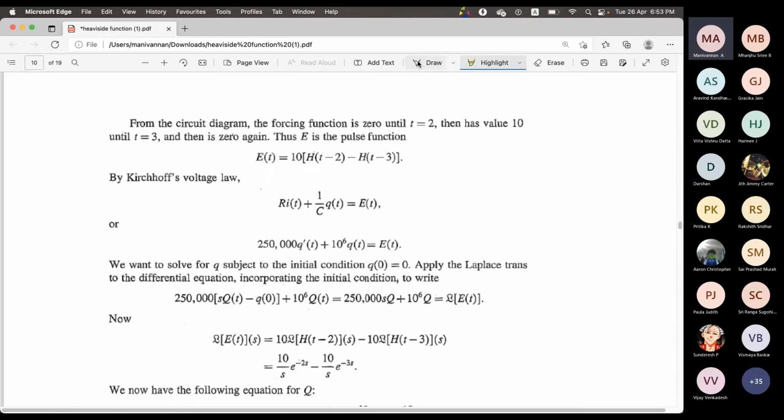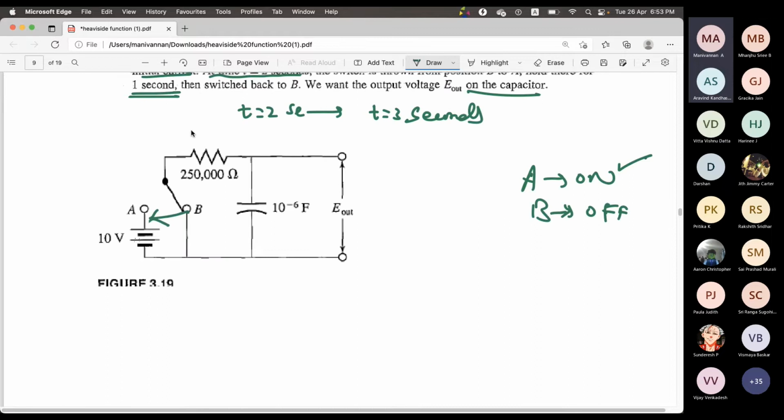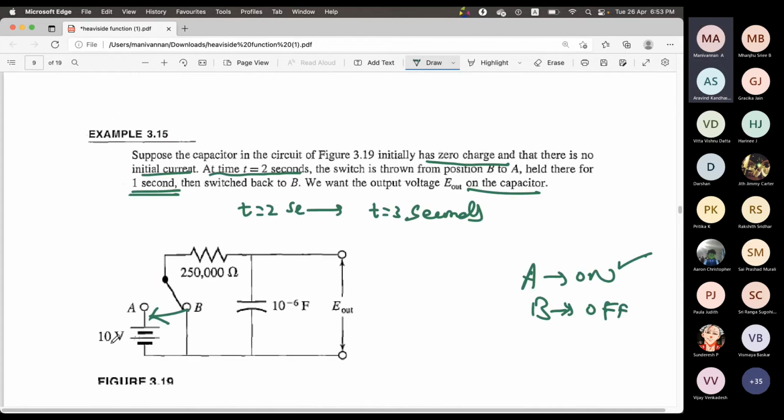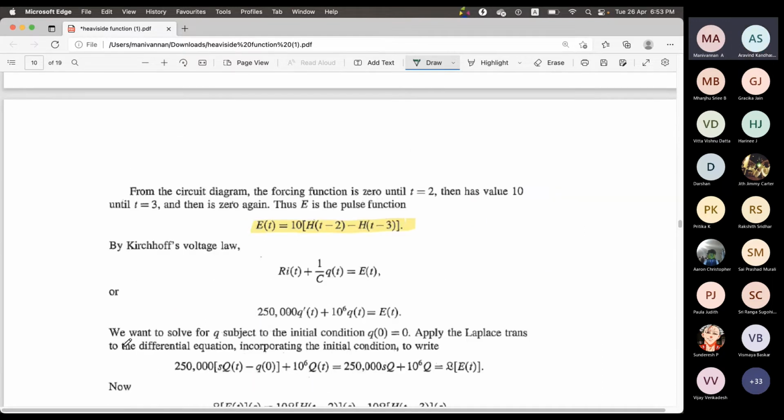So here we are going to use the unit step functions. At how many units are we having? 10 voltage, right? When you switch this on, at the third second we are having 10 voltage, and initially it is 0.